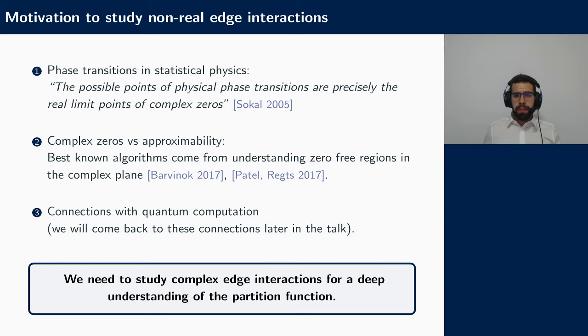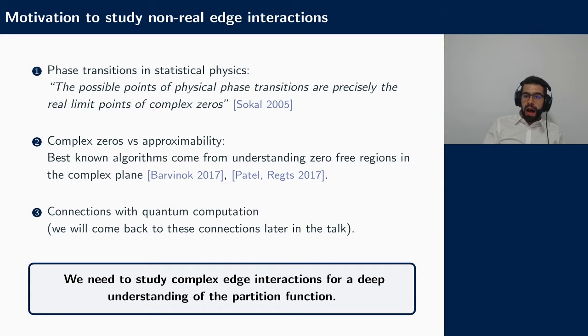Now, in this paper we study these approximation problems for non-real edge interactions. We want to fill in the previous plot. But why are we interested in non-real edge interactions? There are a few reasons for that. First, to begin with, physicists always work with complex edge interactions because phase transitions occur precisely at the real limit points of complex zeros.